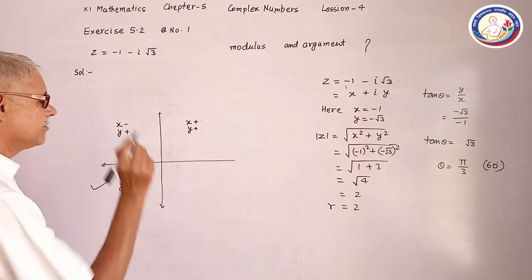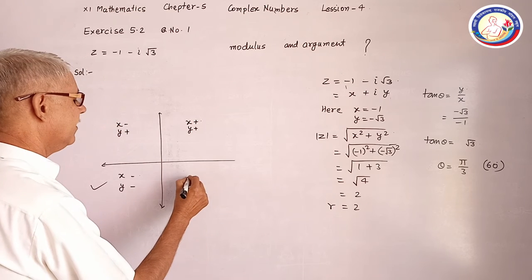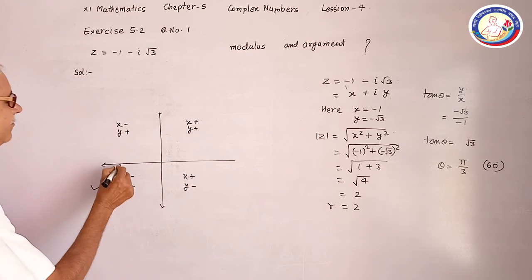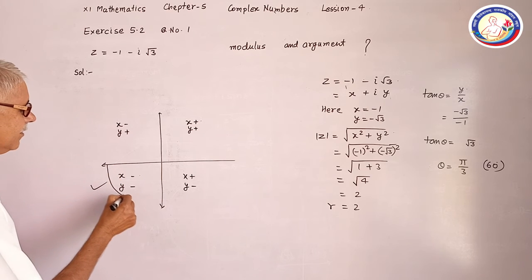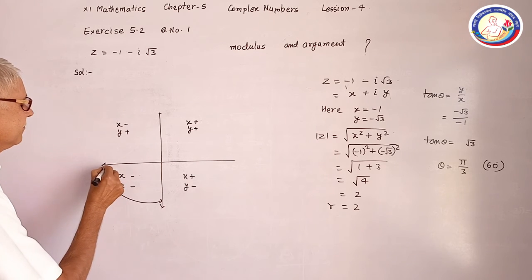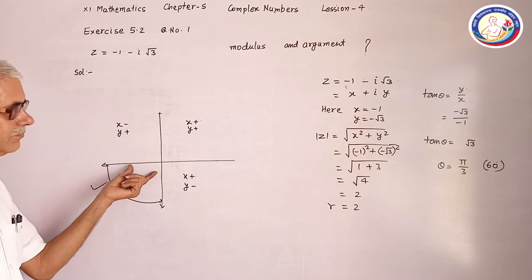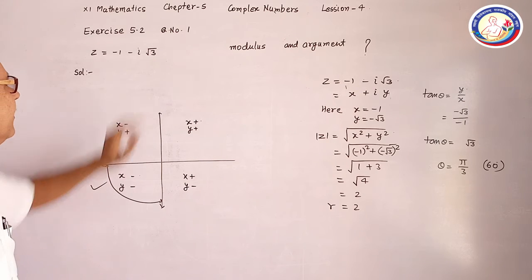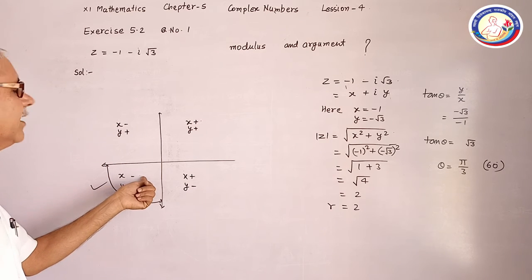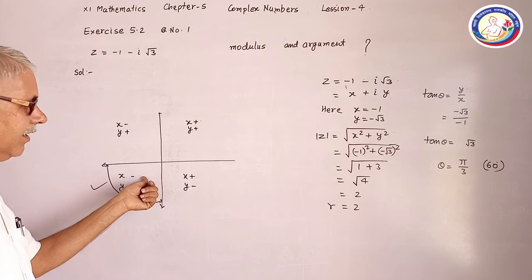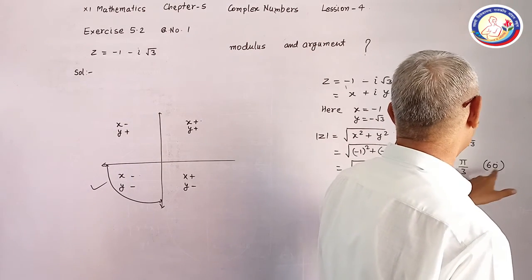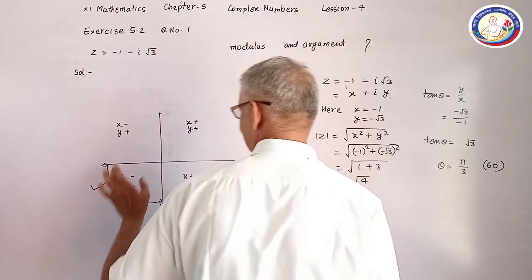Yes, this is the position. X positive and Y negative? No. So the angle will be in this part. So the point -1, minus root 3 lies in the third quadrant. So we have to decide the value of angle theta by this consideration.